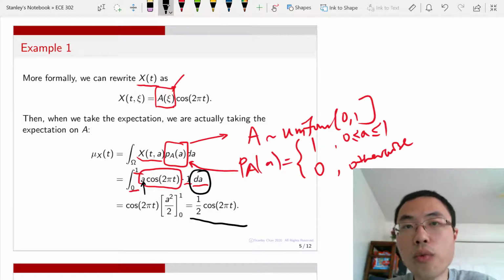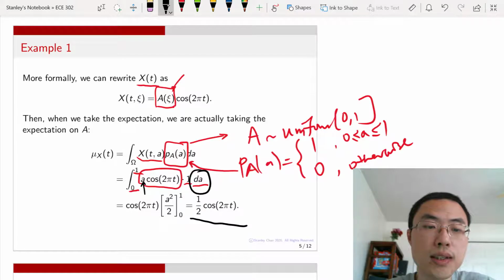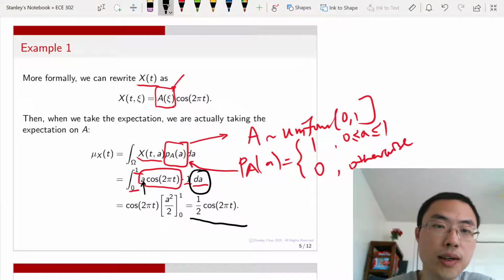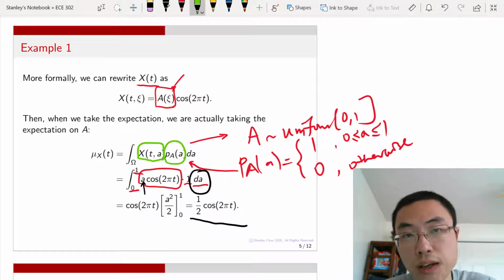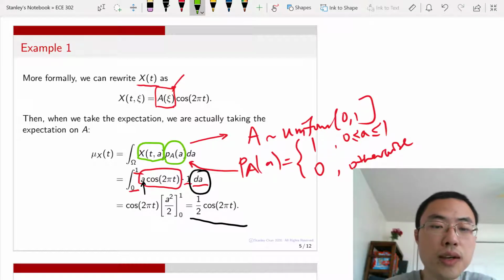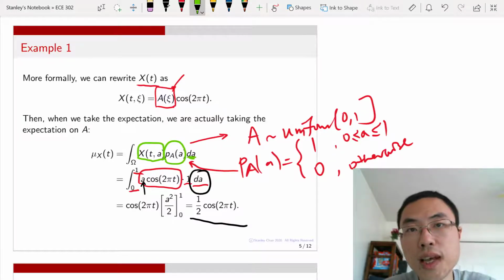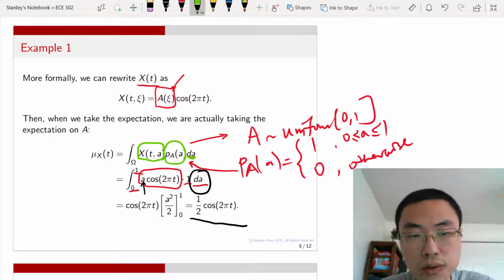This is the formal way of doing the expectation, right? This should be very, very familiar to you because it is a number times a PDF, and then you integrate over all the possible states. That is the expectation.